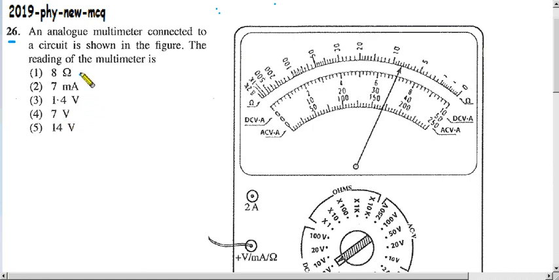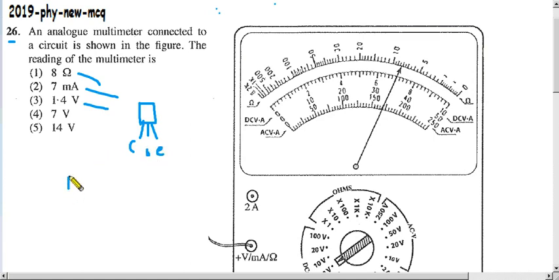Children, what are the things we can measure using a multimeter? You can measure the resistance. Then you can measure current. You can measure voltage. Then you can also identify the terminals of a transistor: collector, base, emitter.